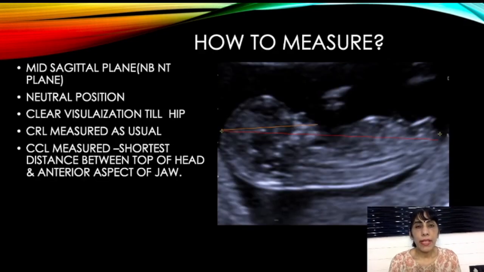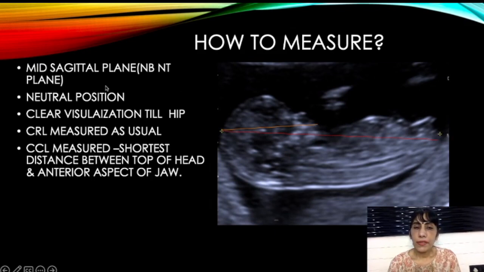Now, how do we measure, and what is this ratio? We all know the term crown chin length: from the head to the chin. Which points do we take? We start from the highest point on the head and go to the anterior most point of the chin. The view is the same that we use for the nasal bone nuchal translucency, the NB-NT plane, the mid-sagittal plane.